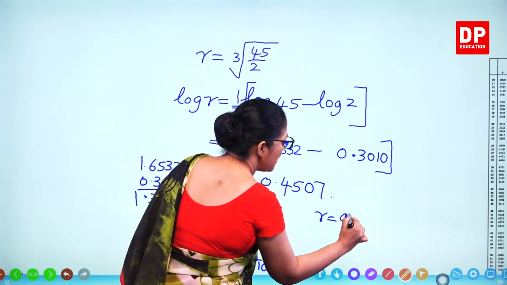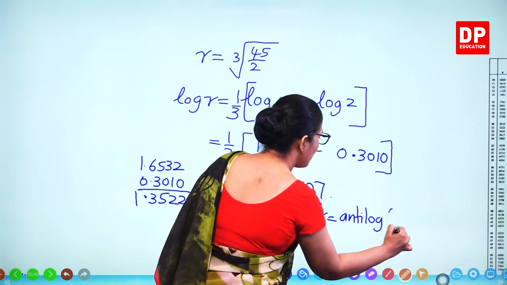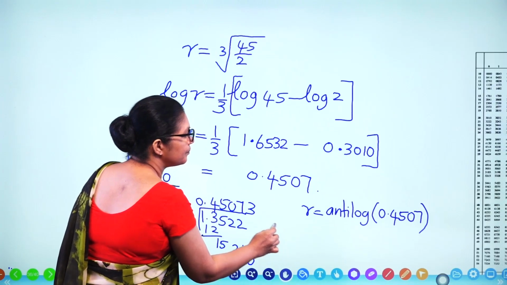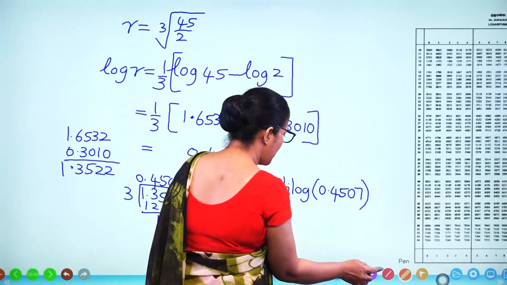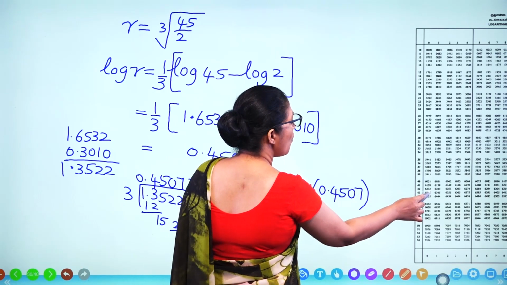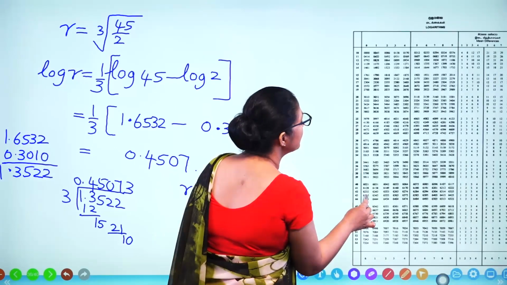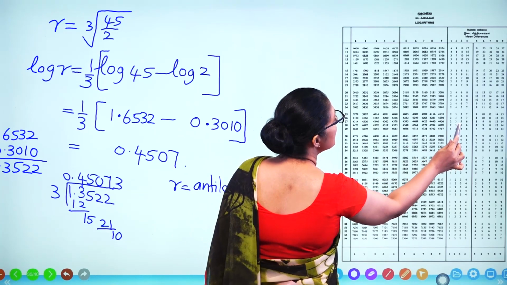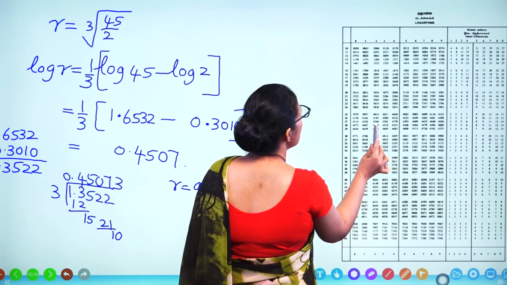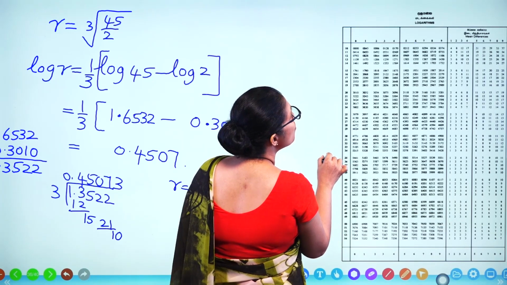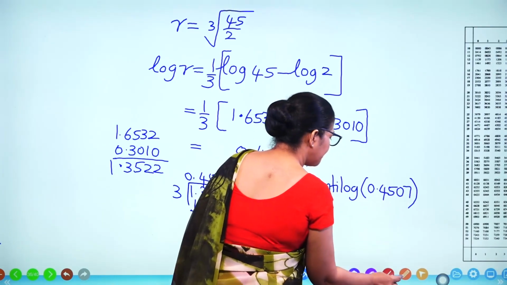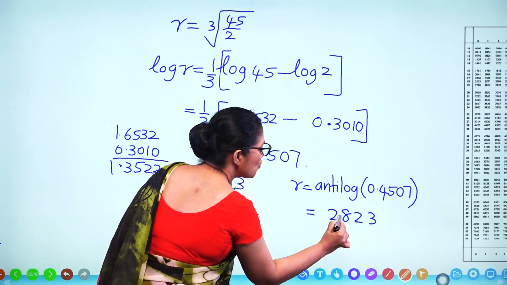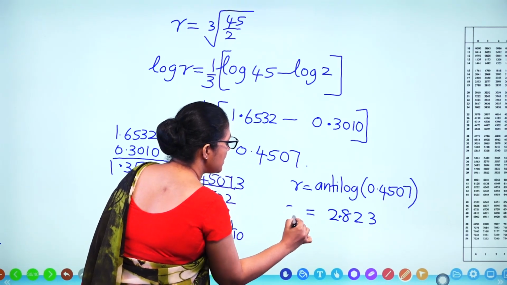Now how do you find r? R becomes the antilog value of 0.4507. So refer to the table where you get 4507. 4502 is there, so you need another 5. That's 3. 2.823 is our value.